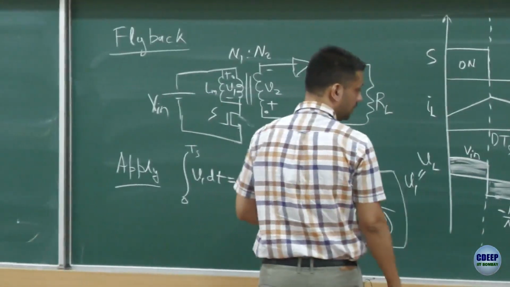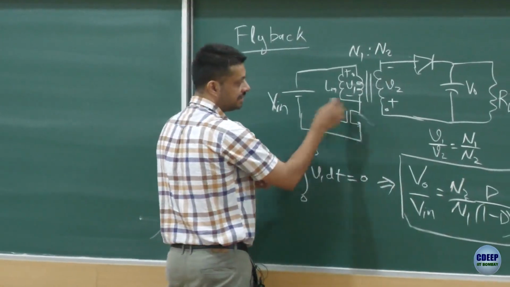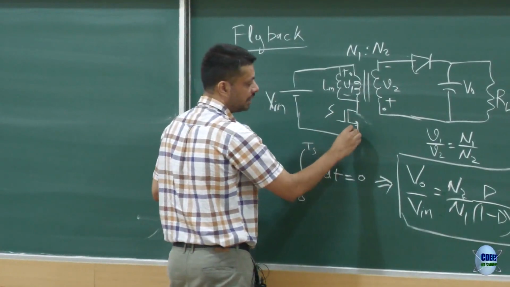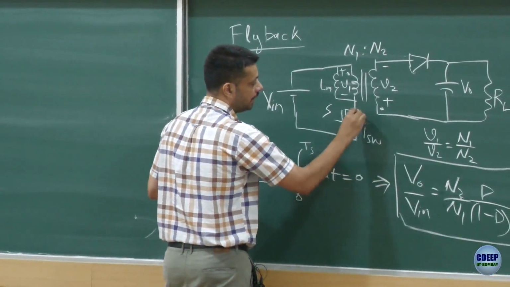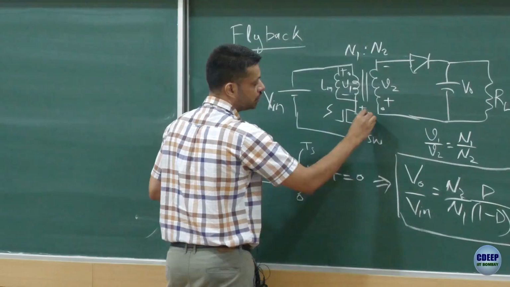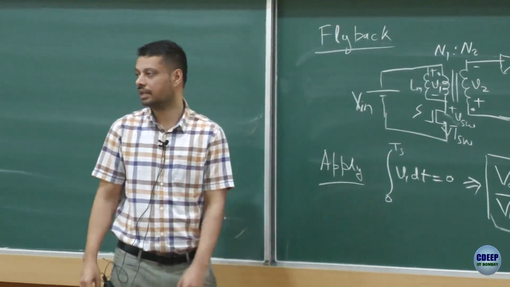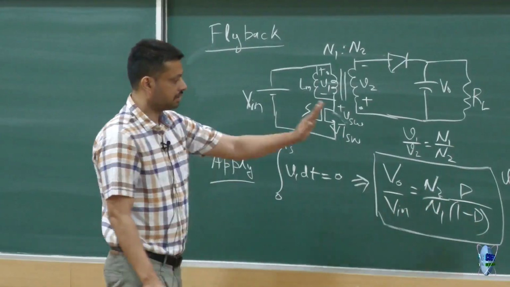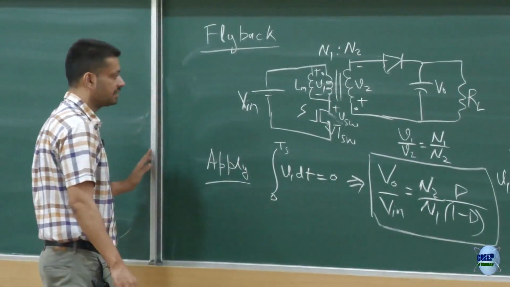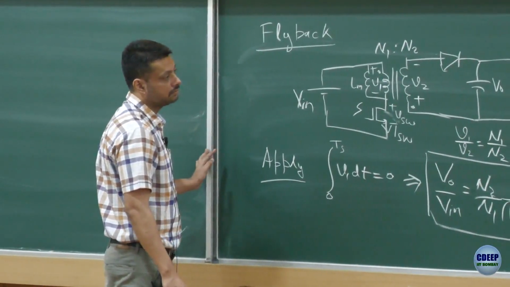Okay, now let's also capture this switch, and what we want to draw is the switch current and the switch voltage, right? I want to draw them with the same axis, since there is no more space on that side of the board.